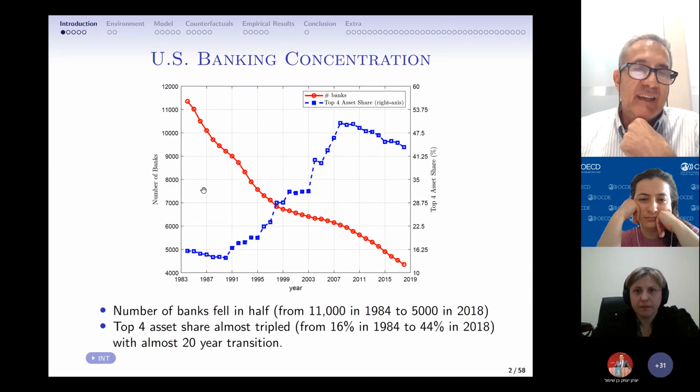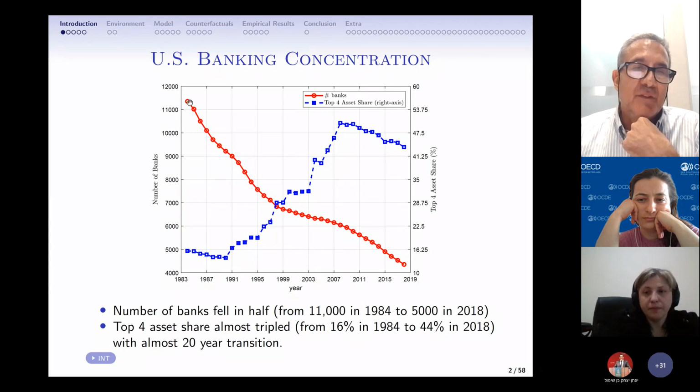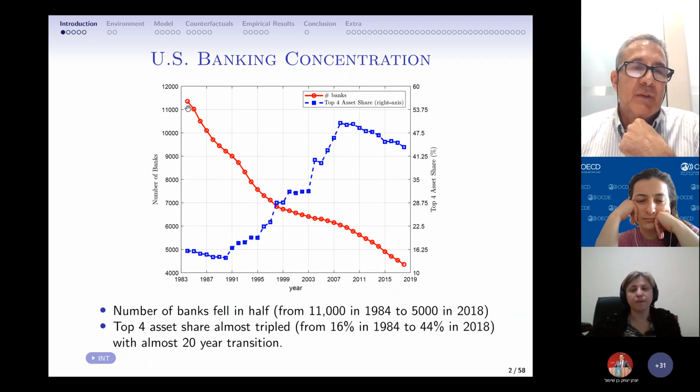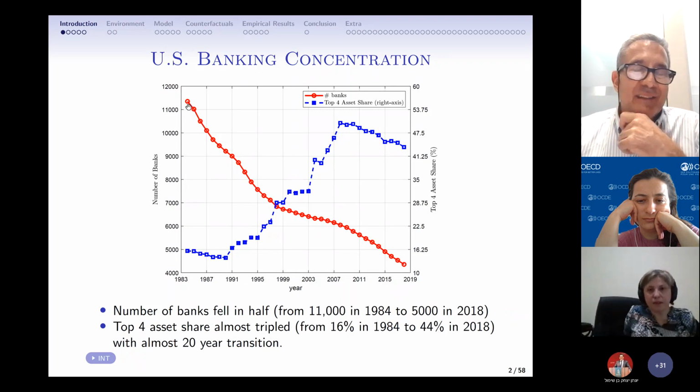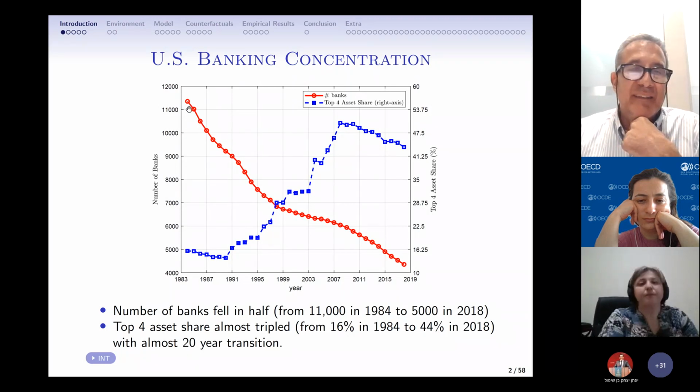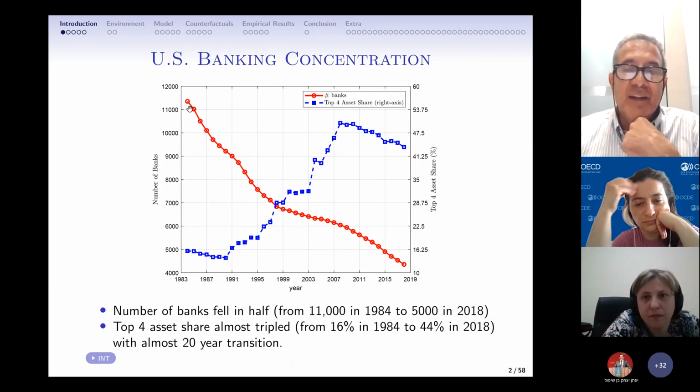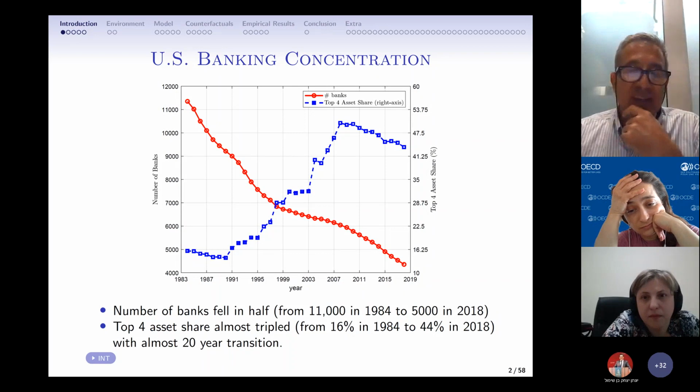So what do I want you to take out of this? On the left-hand vertical scale is the number of banks, and you see a drastic change over time in the number of banks in the U.S. It's more than cut in half, basically. It went from over 11,000 to under 5,000 in 2018 or 2019.